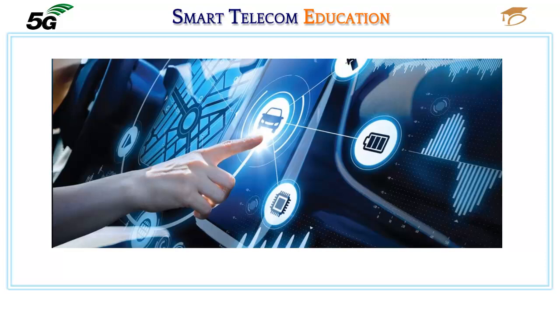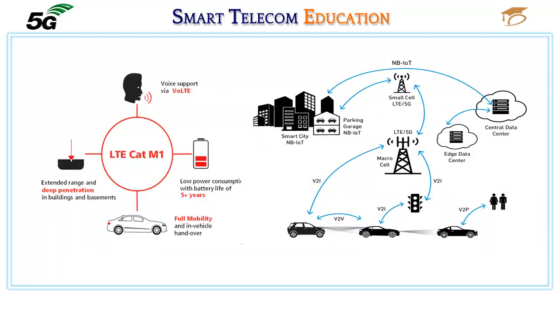Focusing on self-driving vehicles, current cellular networks already provide a wide variety of tools that address some of the technology and business requirements. For example, LTE Category M and Narrowband Internet of Things are excellent low-power sensor communication technologies.